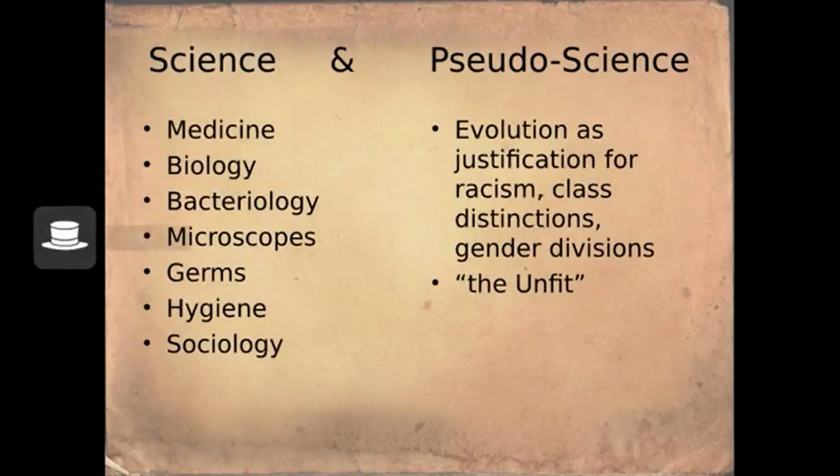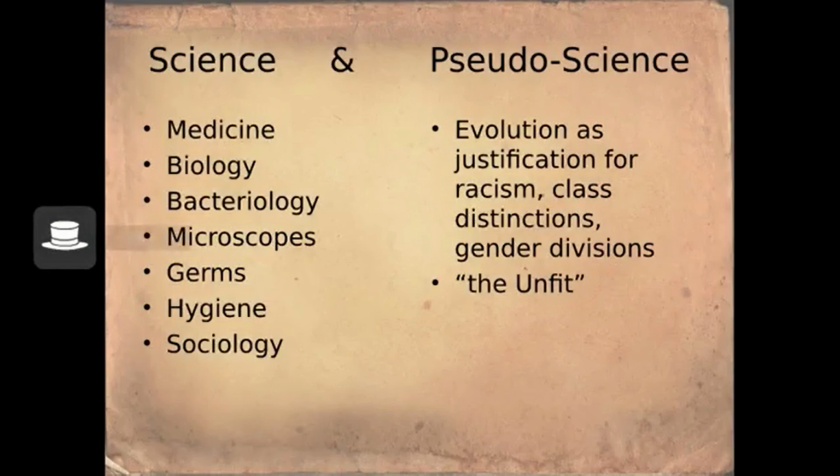Now we're going to shift gears and talk about science and pseudoscience. The idea of this slide is that it gives you all the science that takes place during this time frame on the left, all very important. And on the right, you have pseudoscience, which is the messed up stuff they created to justify what they were doing. So there's some good stuff and some bad stuff, right? Medicine, more advancements in biology, bacteria and germ theory, microscopes, major ramifications here.